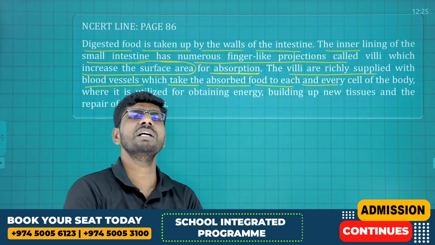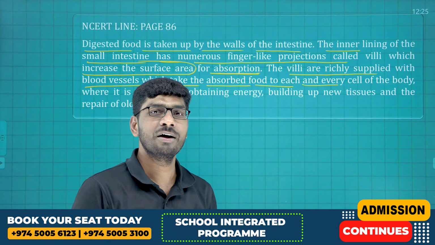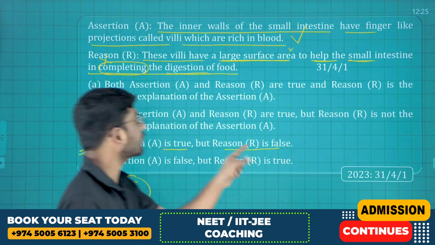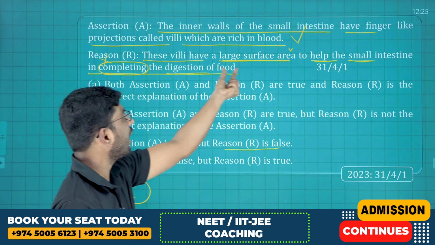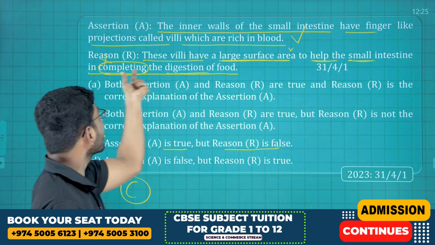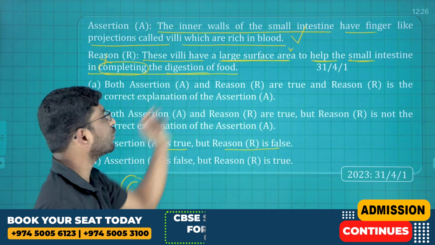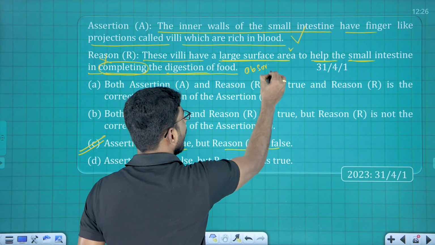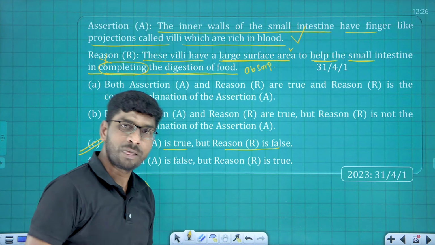So these villi are for increased surface area, not for complete digestion. If you closely look at the previous question, these villi have a large surface area to help the small intestine complete digestion. No, it's not completing digestion of food. It is for what? Absorption. Absorption of food. Clear, student?